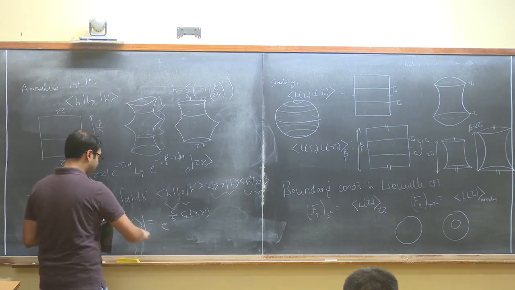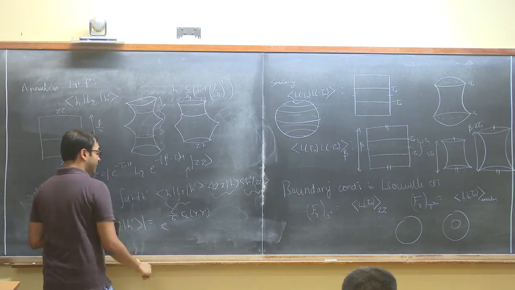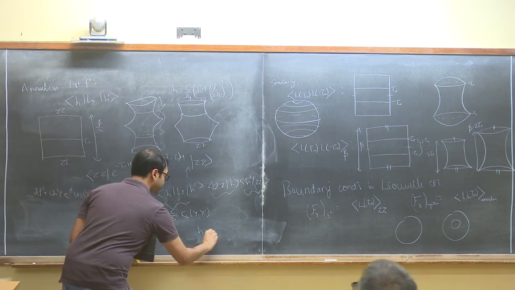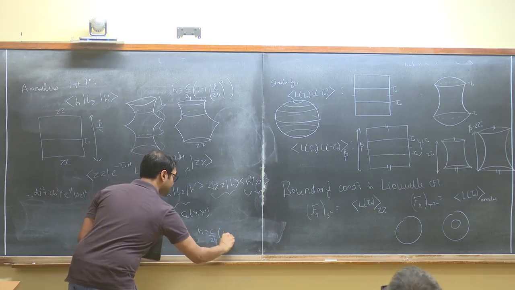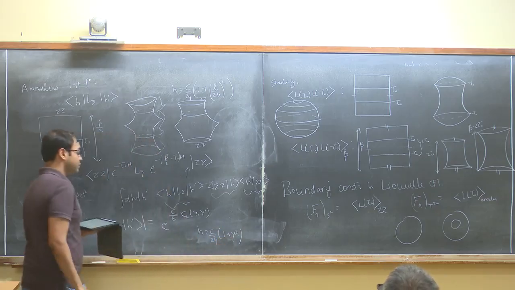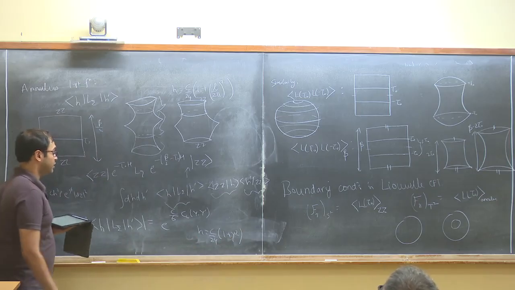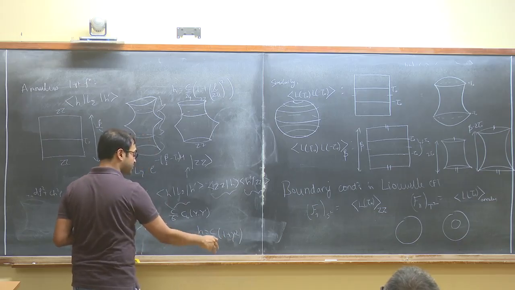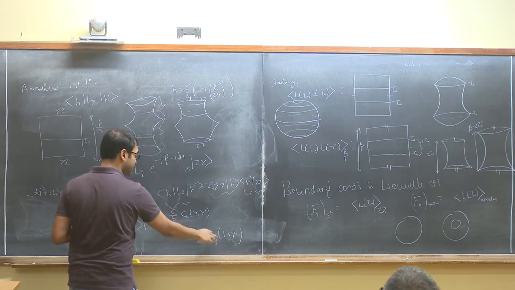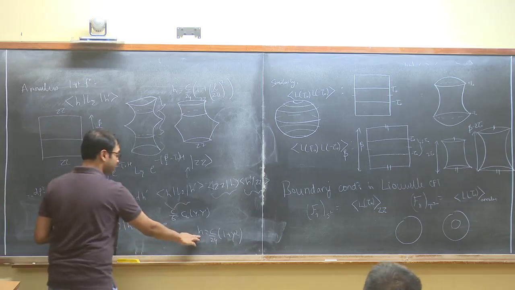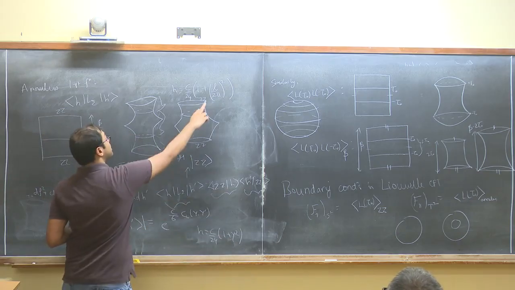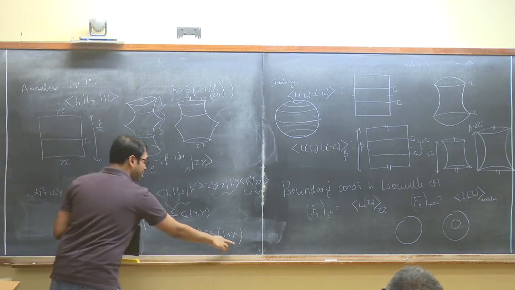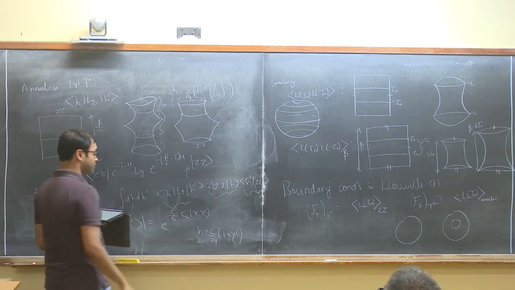I am parameterizing this matrix element in this way, where gamma and gamma prime are related to the weights. They're just a convenient way to parameterize the weights. These gammas, which are sometimes called momenta, are related to the weights by this relation. You can see why this is useful, because at the saddle it turns out that gamma is just the length of the geodesic. So that's why this parameterization in terms of momenta is very useful.